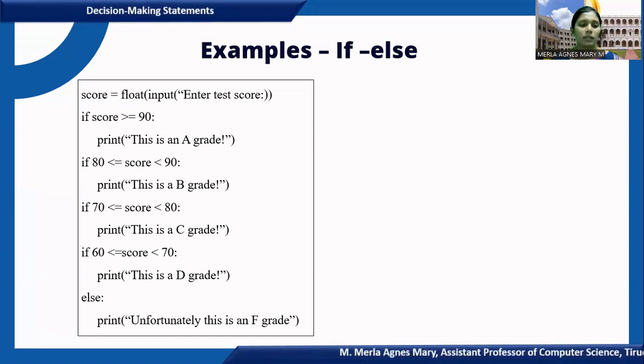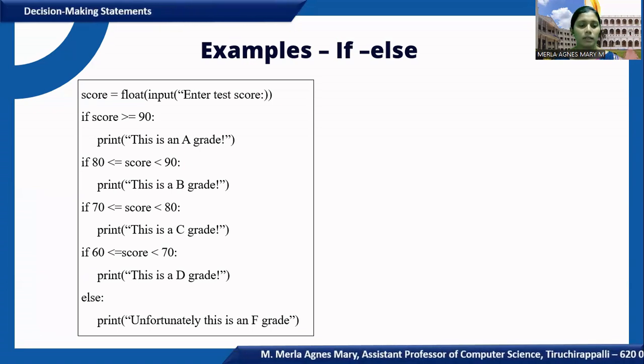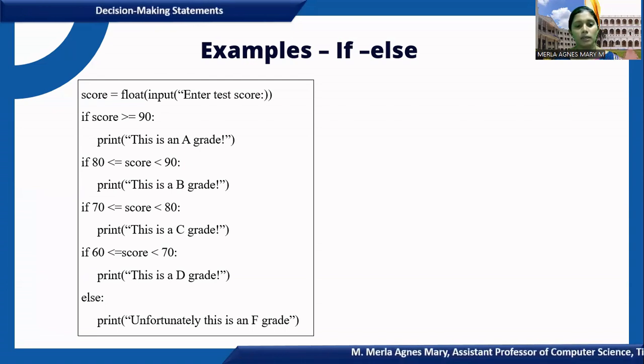Then we give the second condition: if the score is above 80 and below 90, this is the B grade. The third condition we gave is: it is above 70 and below 80, the statement will be printed as this is a C grade.